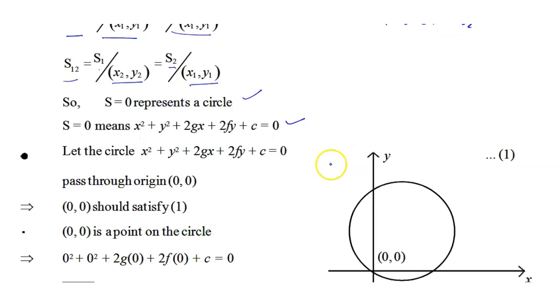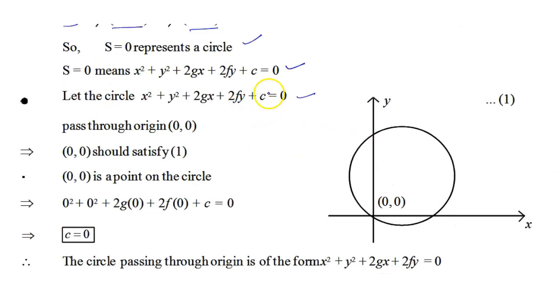And if the circle passes through the origin, the constant is eliminated. So that reduces to x square plus y square plus 2gx plus 2fy is equal to 0.